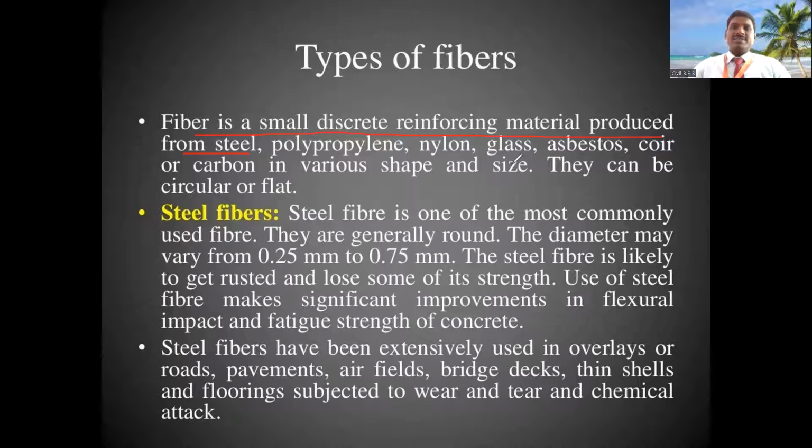It will take the tensile load. The fibers we are using do not look like reinforcement, but they act as reinforcement. To some percentage, they are taking the tensile load. So we are calling it reinforcement, and it is produced from steel also.